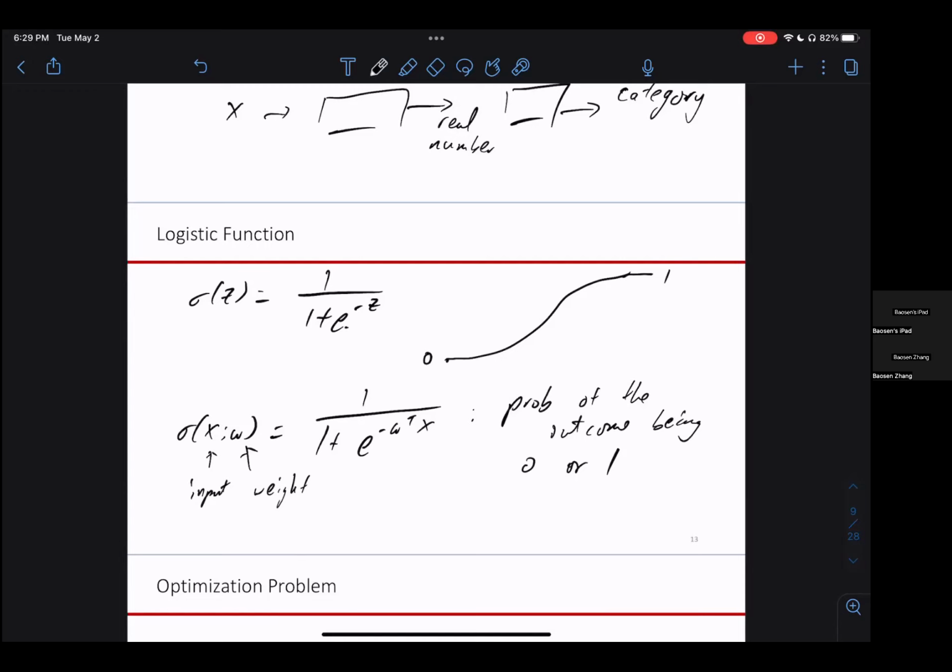So what if you have 10 classes? That's a good question. That's not very easy to do with a logistic function. It doesn't have 10 outputs. It's very easy to do with something like a neural network. Basically, you just have an output that is a vector of size 10, each component being the probability of the outcome being one of the categories.